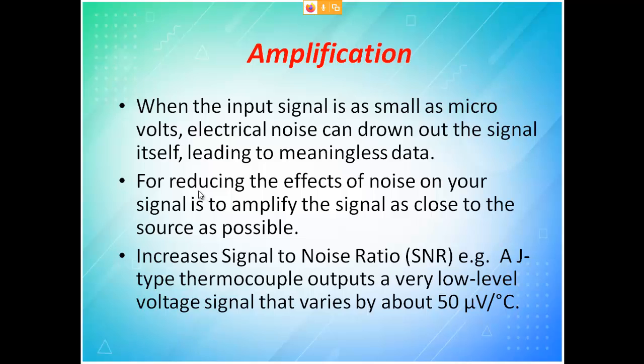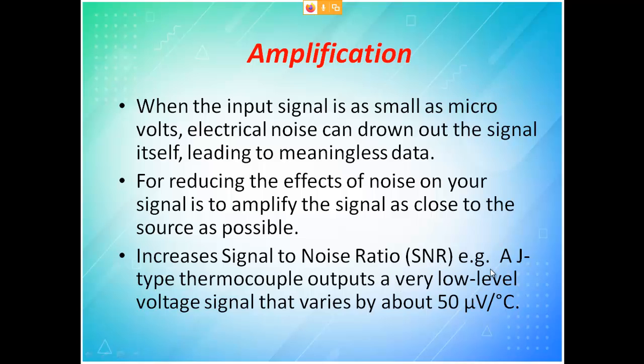For the reduction of the effect of noise on your signal, it is to amplify the signal as close to the source as possible. Then increase the signal to noise ratio, which means signal level should be high, noise level should be low. That is called SNR, signal to noise ratio.